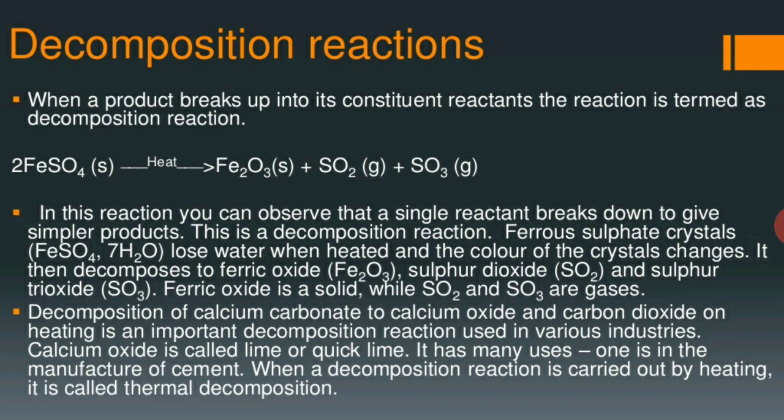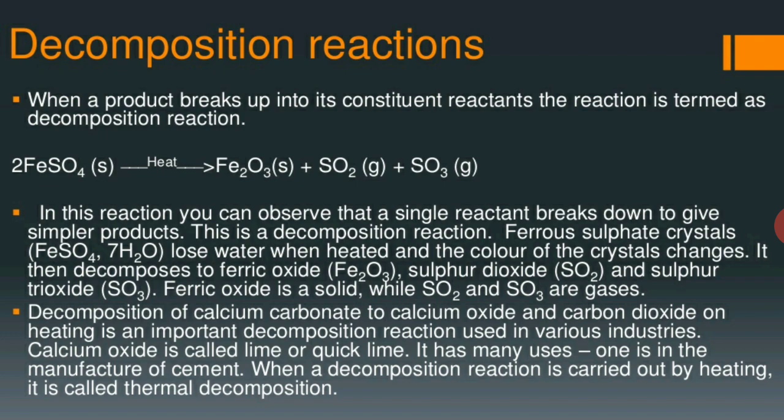Decompositions are of different types. See, in the above example, the decomposition of iron sulfate takes place when you heat the iron sulfate or ferrous sulfate. You are supplying energy. So this reaction is called thermal decomposition. If you supply energy in the form of heat, it is called thermal decomposition.